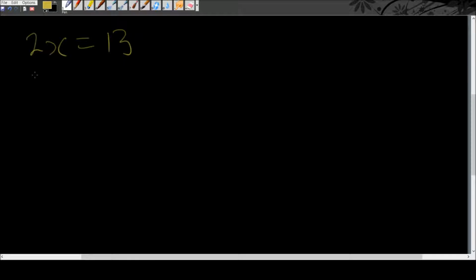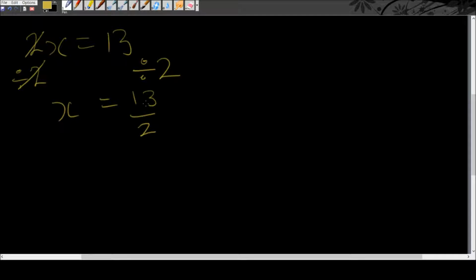Okay. So again, inverse operation of 2 times is going to be divide. So we need to divide this side by 2 and divide this side by 2 as well. Okay. So dividing this side by 2 is going to get rid of the 2 there. So we're just going to be left with x is equal to 13 divided by 2.